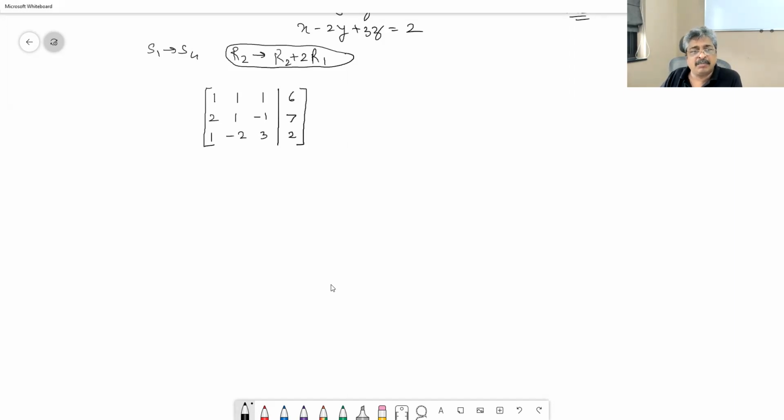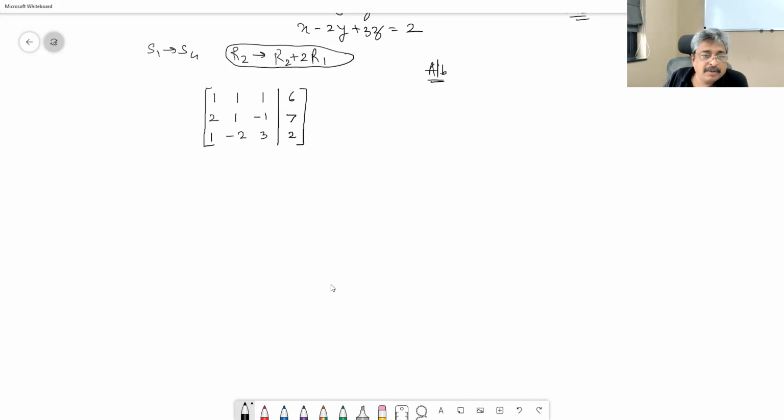You are writing just the numbers which are important to you. Everything else is not important. So this is the first row, this is the second row, this is the third row. We know this is A and this is B. A augmented B. That is what we have written right now. The algorithm for finding the solutions is as follows.